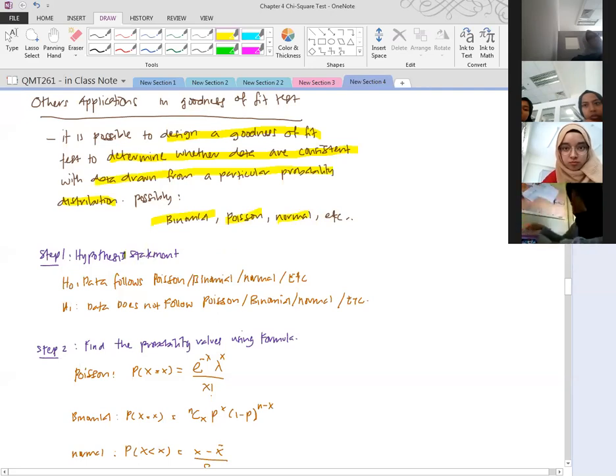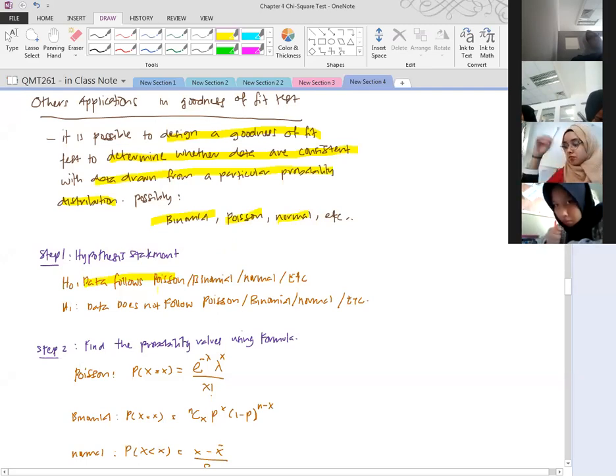So step number one, to test goodness of fit for a particular probability distribution: the null hypothesis is that the data follow a type of distribution, whether Poisson, binomial, or normal. The alternative hypothesis is that the data do not follow Poisson, binomial, normal, or uniform.